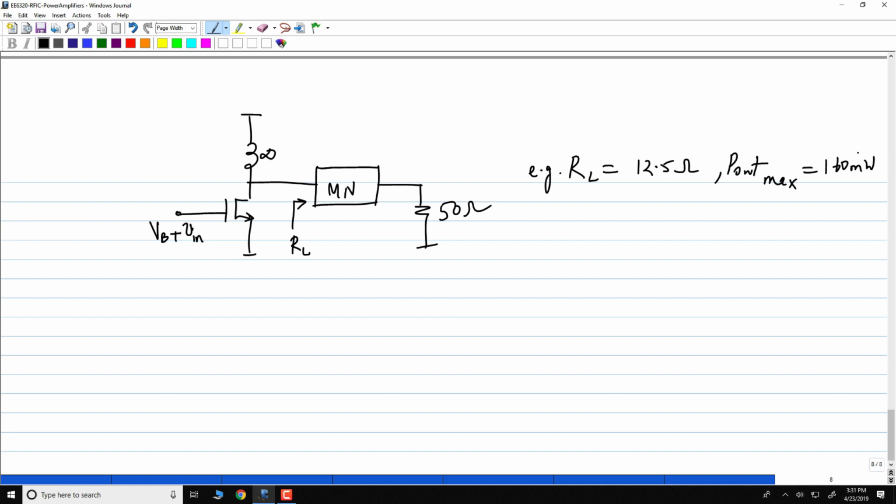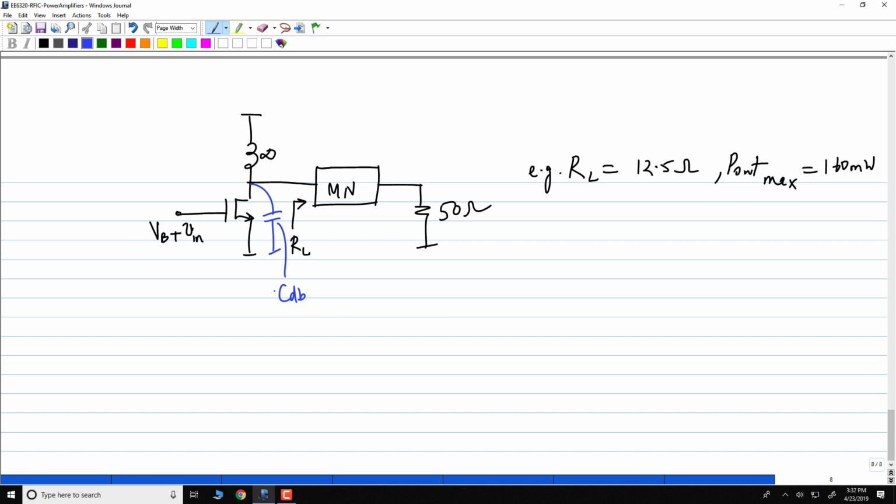You could again have CDB playing spoilsport for your gain, because at the end of the day, current splits between these two. Now, one point I didn't mention earlier, but I'll mention now. Note that this circuit can be improved further in a couple of ways. First of all, CDB can be absorbed into the matching network.